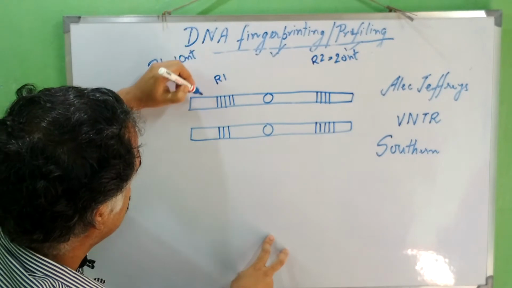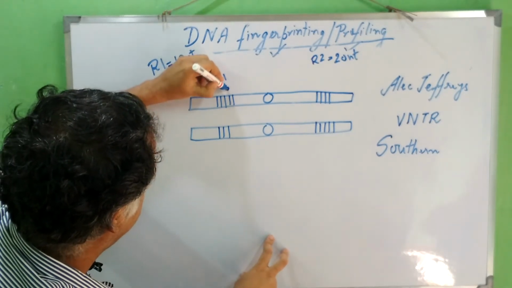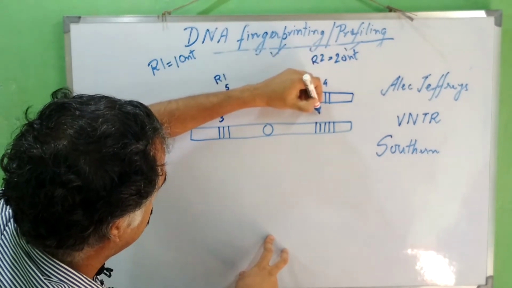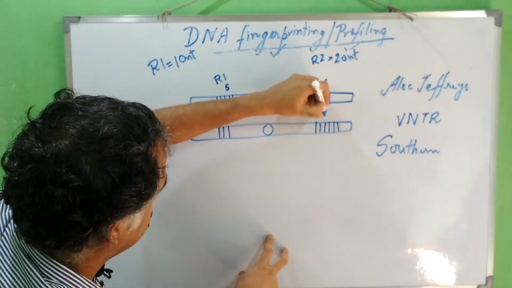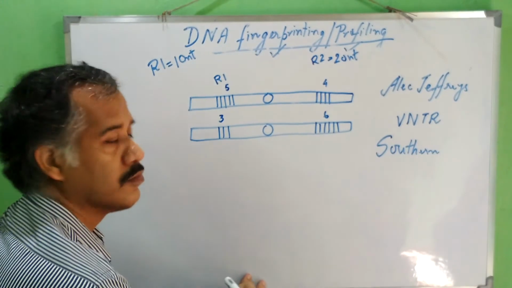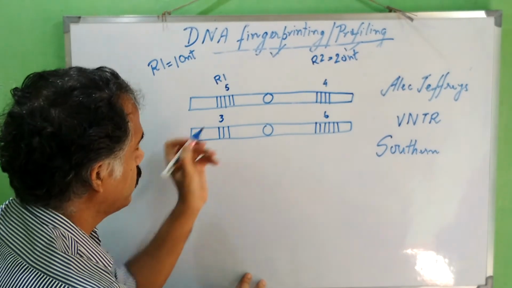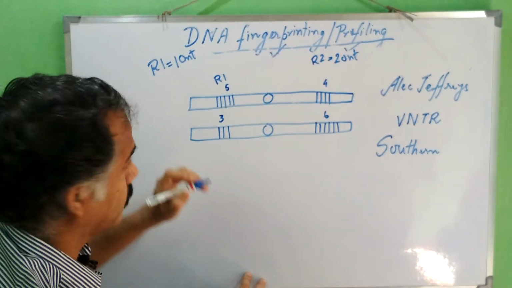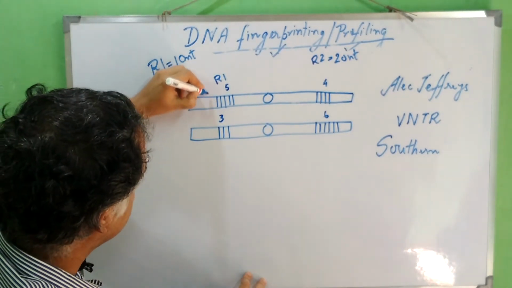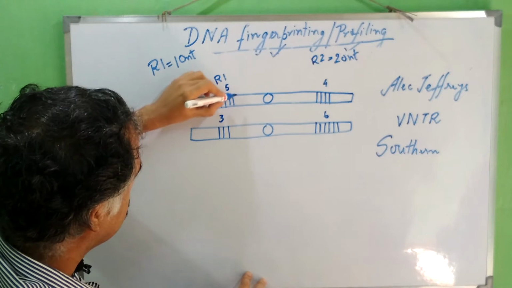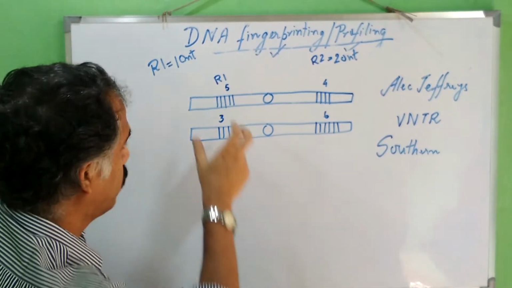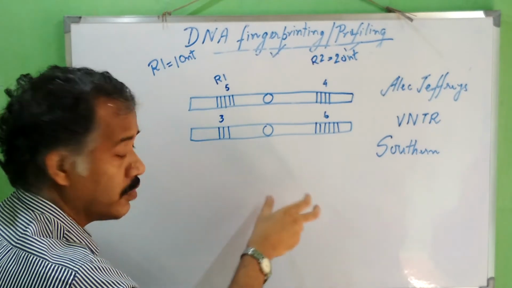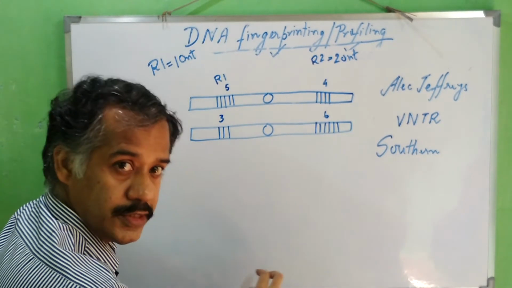Jeffreys also realized that while the number of repeats was varying, the sequences flanking the repeat were constant for the chromosomes. And it was constant even between different individuals.